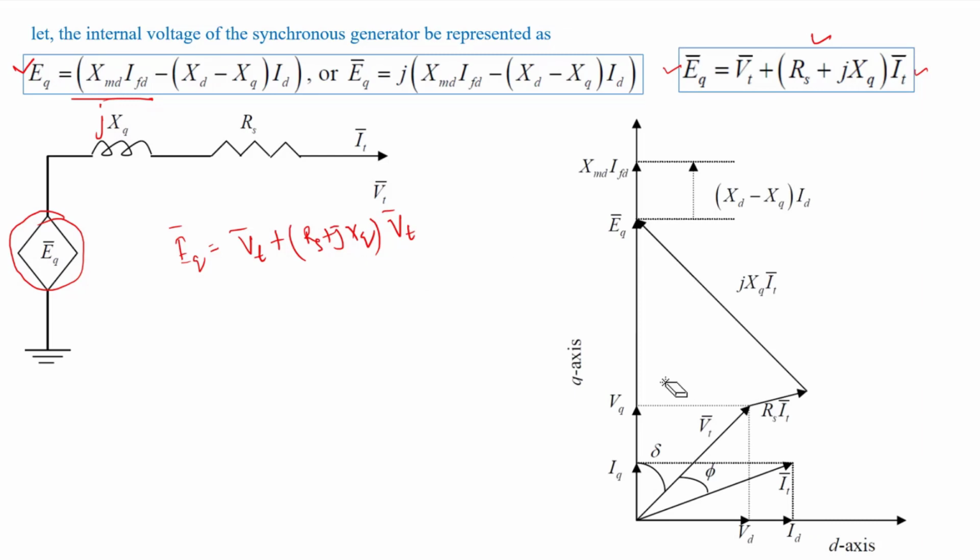The same thing is represented here in vector form. Because Eq is lying in the q axis, this is your Eq and this is your Vt, which is added up with Rs It plus jIt Xq, giving us Eq. And Vt has two components: one is Vd, lying in the d axis, and the other is Vq, lying in the q axis.